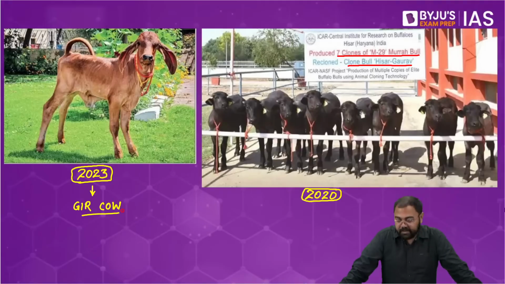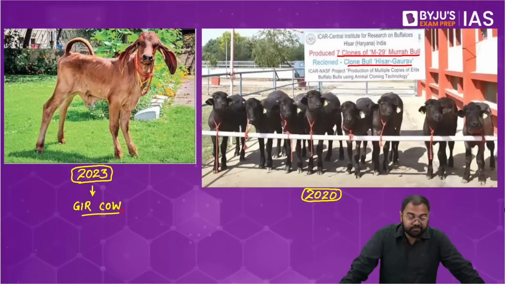Until now, the species for which cloning or hybridization has been tried, in all these cases, you'll see that those all have been foreign species, not Indian species. For example, you might have heard of the Jersey cow. So for foreign species we have tried, but for Indian species we haven't. For the first time here we see that for Indian species also we have tried.